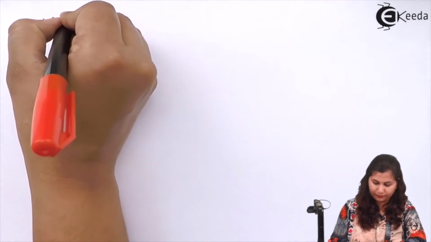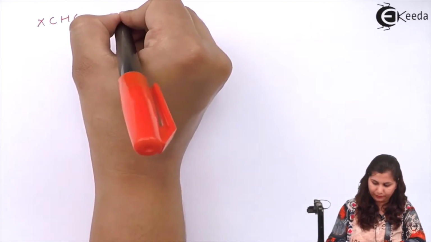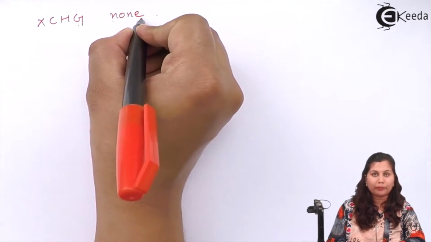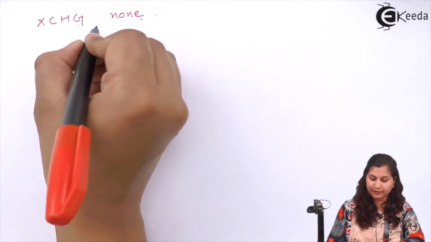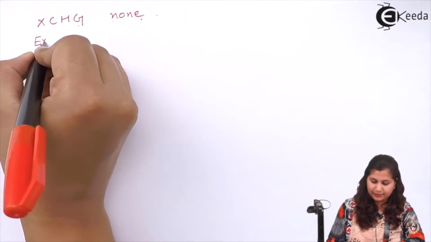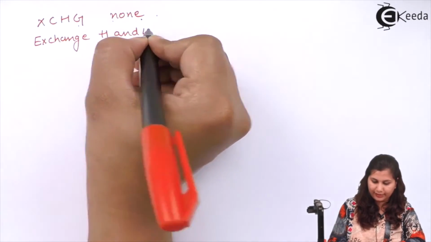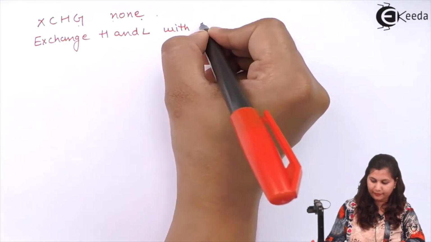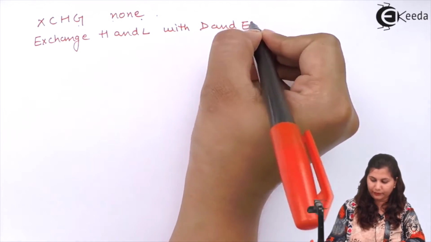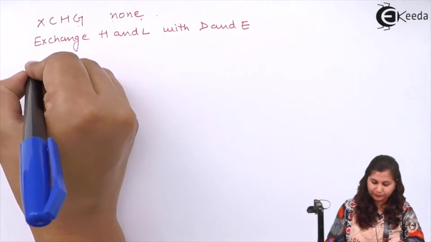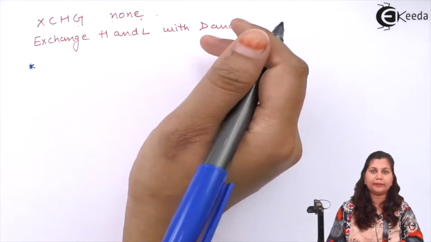Next instruction we have is XCHG, exchange. This instruction has no operand in it, that is why I have written none here, and this is exchange H and L with D and E. We have the register pairs HL, BC, DE.